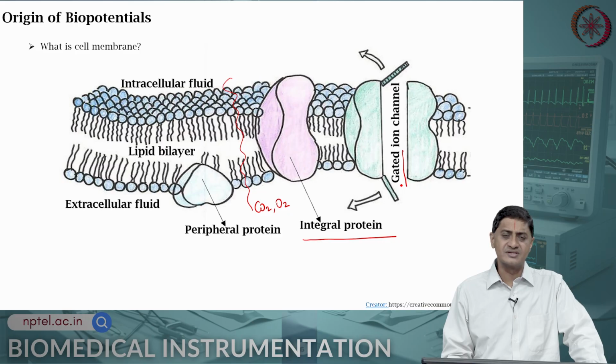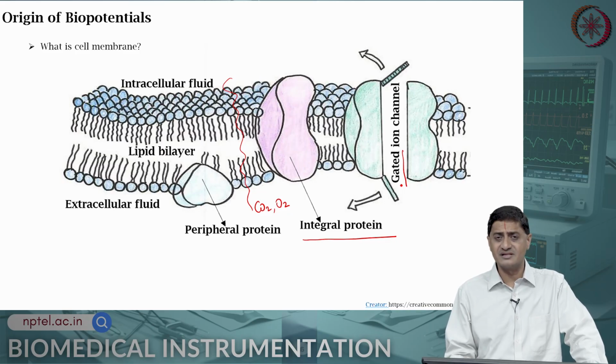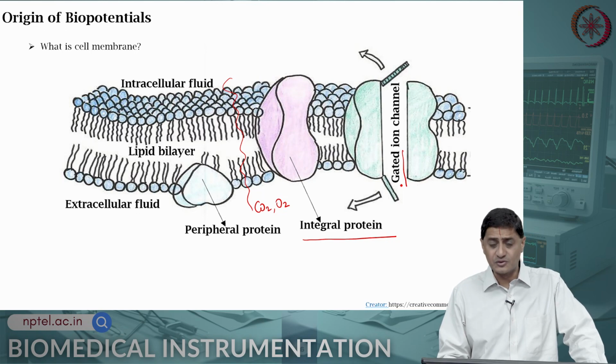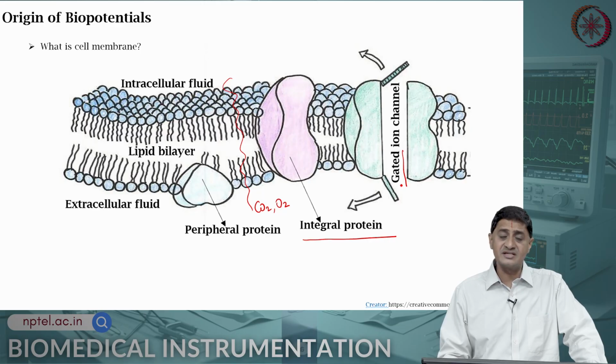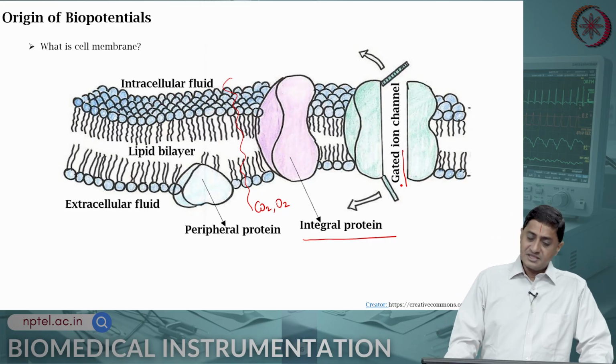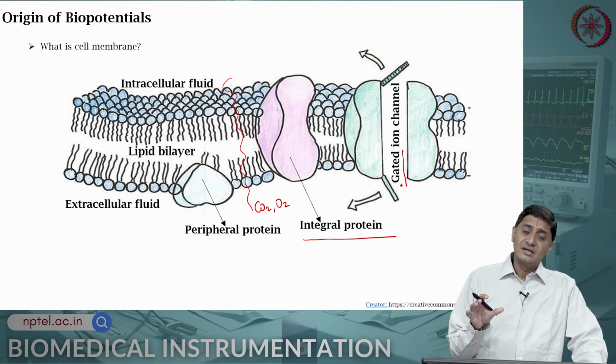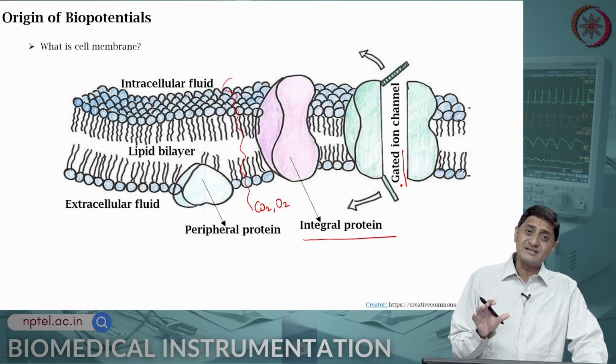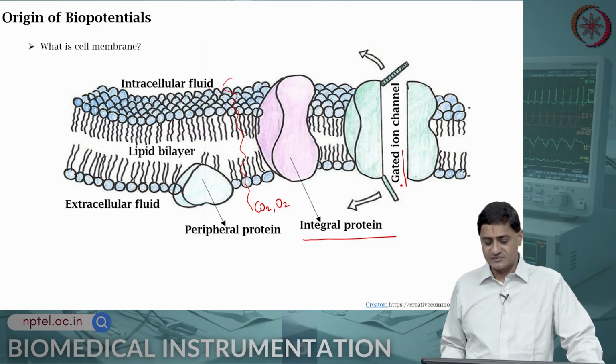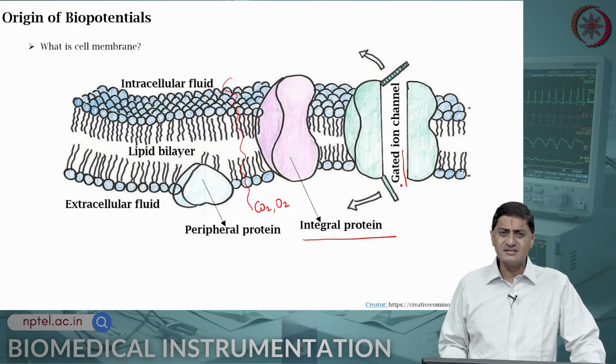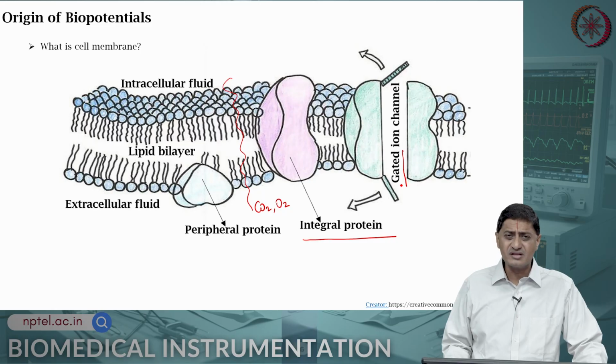In one of the videos in neuroscience of human movements, I would have described in detail the voltage gated sodium channel, but not sure how much time I can invest in this course on the topic, but do check that. So, these are gated channels. That means they allow ions of a specific species under certain conditions only. So, this is a very brief rough overview of the cell membrane.